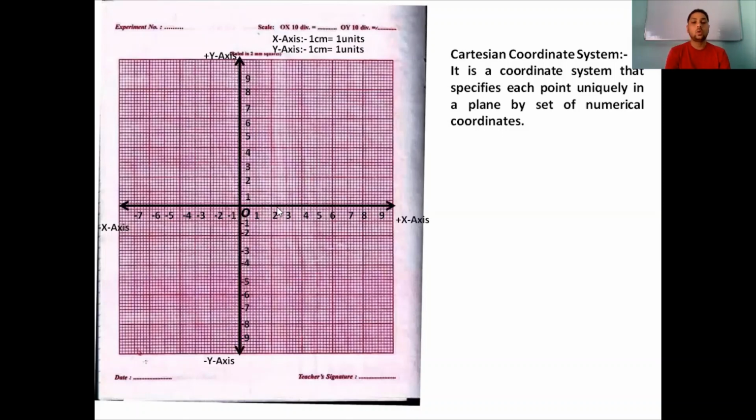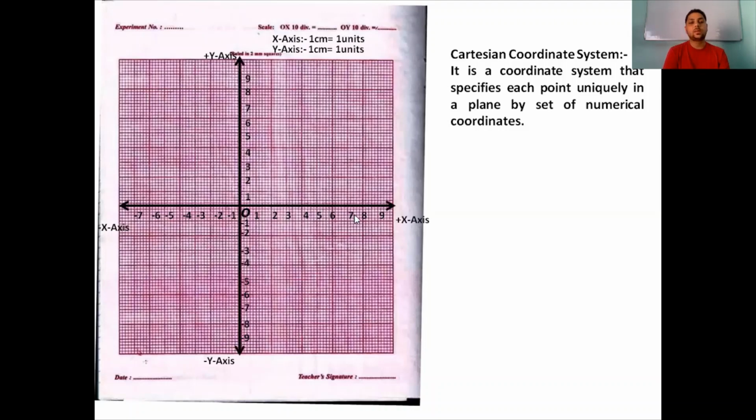And this is a smaller box, and the total number of divisions on this smaller box is 5: 1, 2, 3, 4, and 5. It is of measure 1 centimeter. So we have selected that 1 centimeter is equal to 1 unit on the x-axis, and on the y-axis we have selected 1 centimeter is equal to again 1 unit.